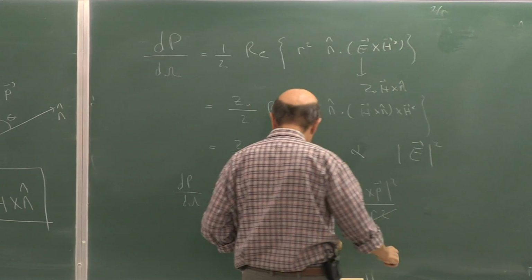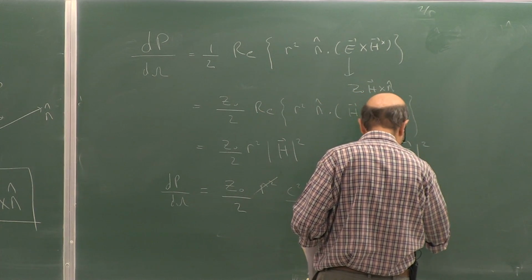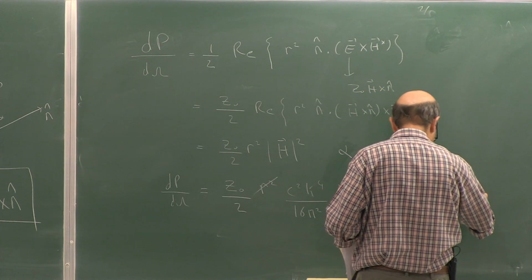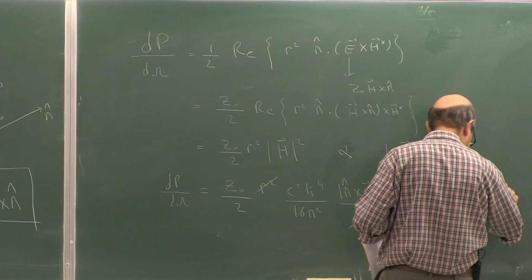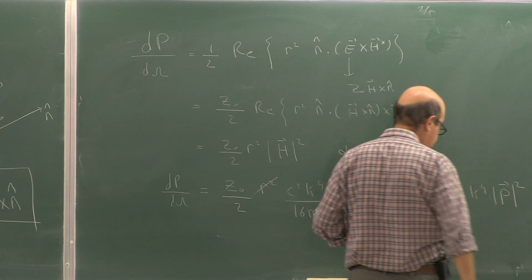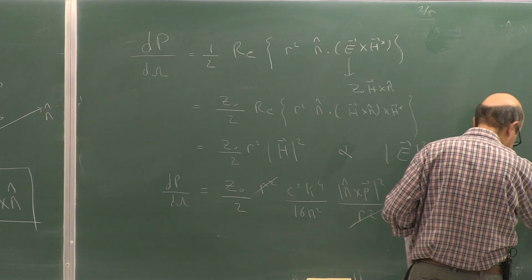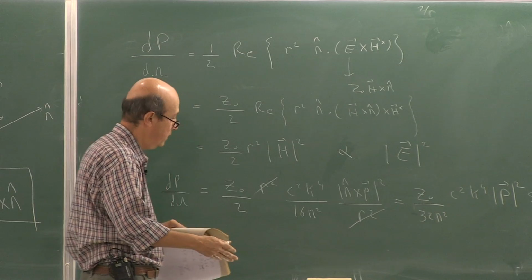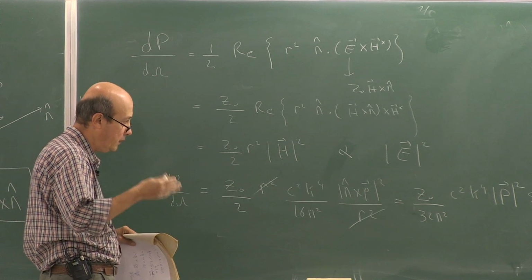So basically the power emitted per solid angle will be Z0 over 32 pi squared, c squared k to the 4, and depends on the magnitude of the electric dipole moment and the angle. This is the angular distribution of the power emitted per solid angle from the electric dipole radiation.